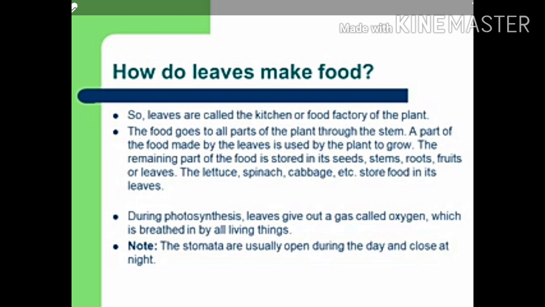The remaining part of the food is stored in its seeds, stems, roots, fruits or leaves. During photosynthesis, leaves give out a gas called oxygen, which is breathed by all living things.